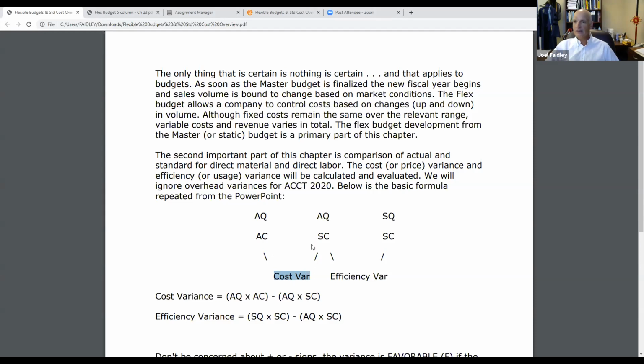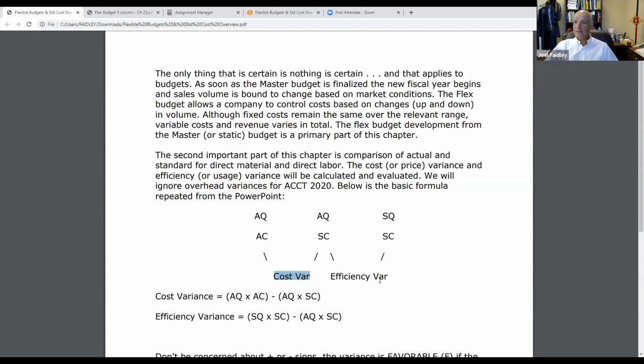And that could be direct labor as far as your hourly wage, or it could be what you're paying for materials that you're purchasing per unit. And so the difference in your cost times your actual quantity, not standard, but your actual quantity, actual labor hours or actual units or pounds of lead, for example, is going to give you the cost variance.